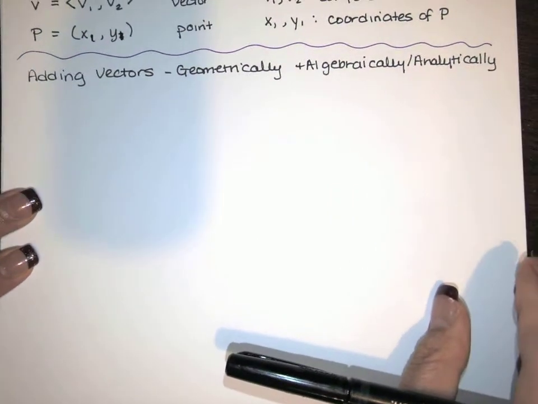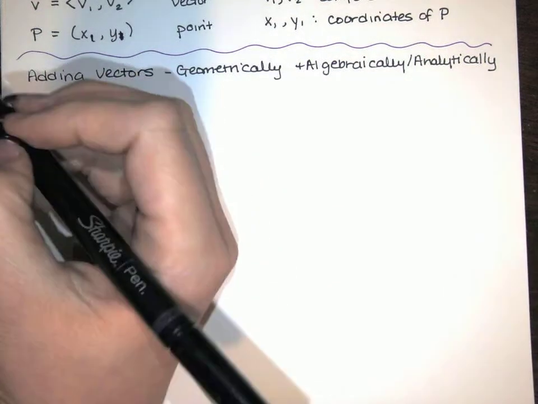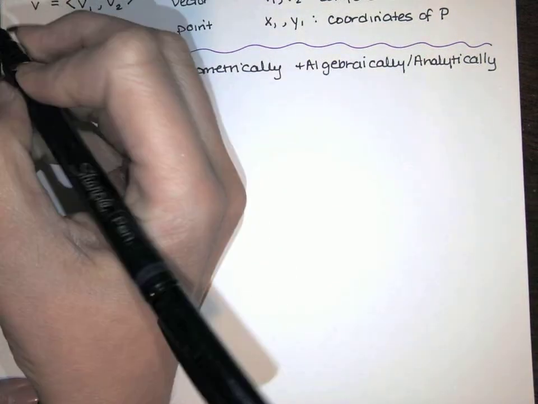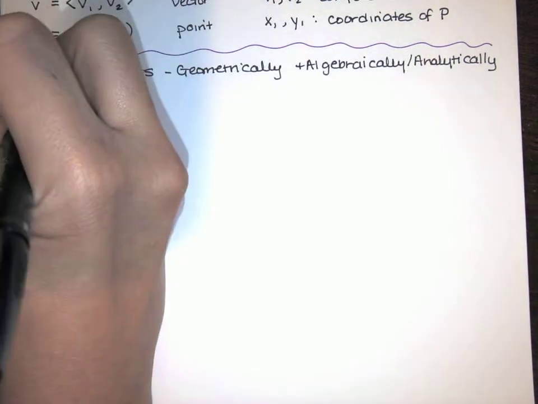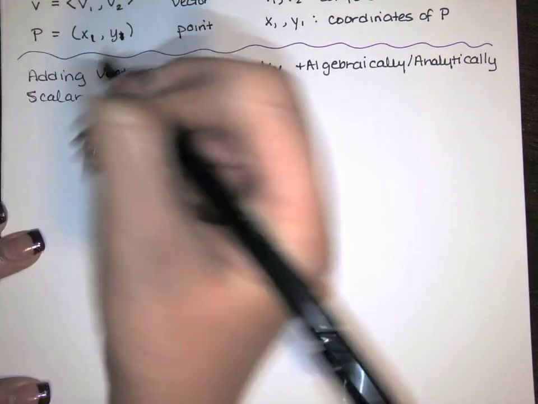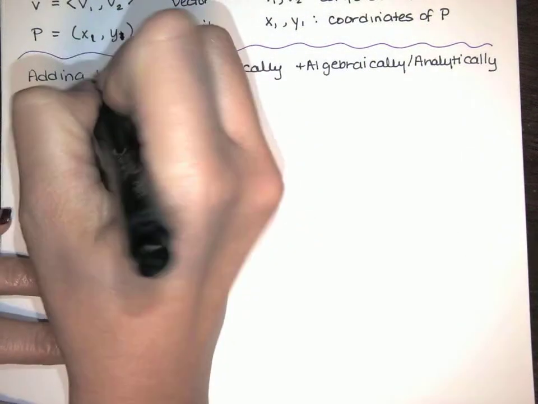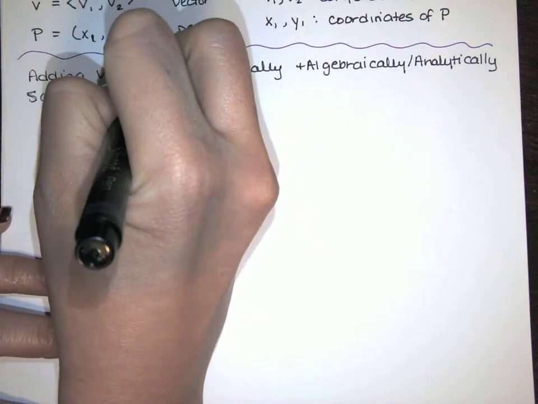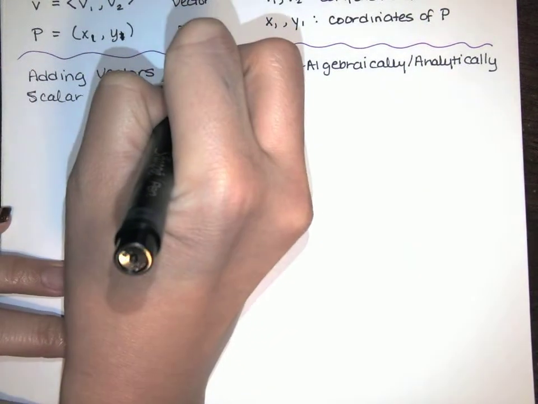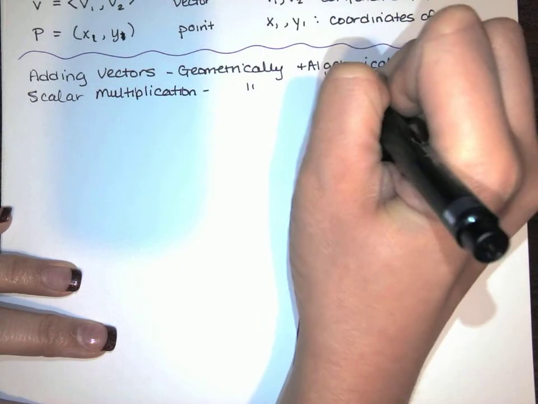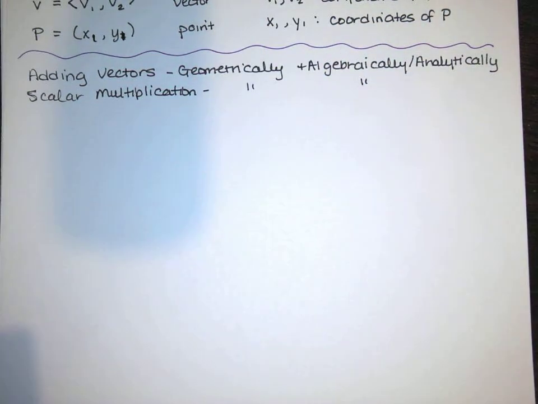Either one's fine, it's the same thing. And we're also going to talk about scalar multiplication. There we go, that's better. We're going to talk about those both geometrically and algebraically or analytically as well.